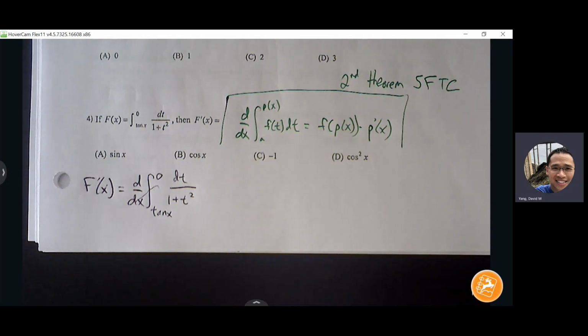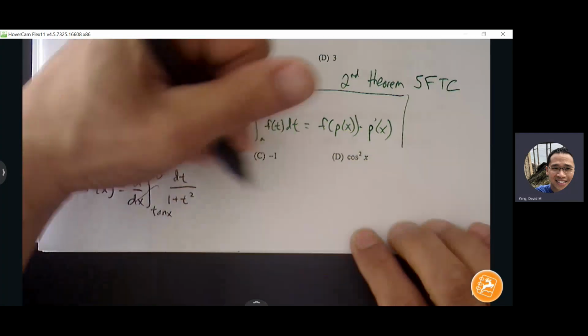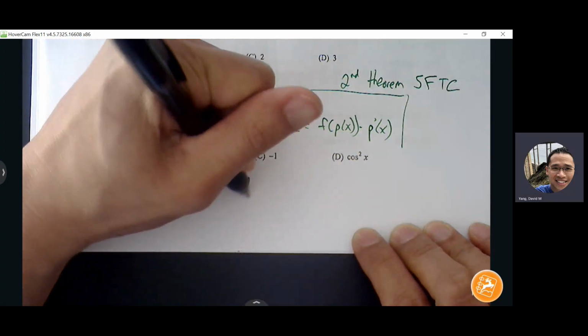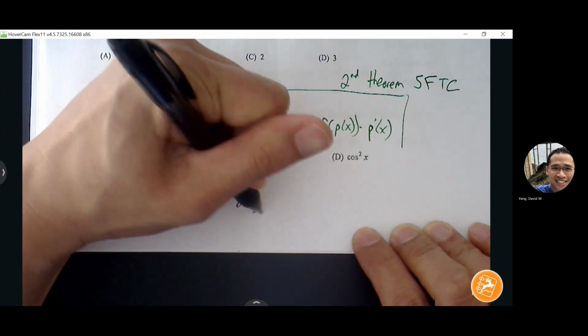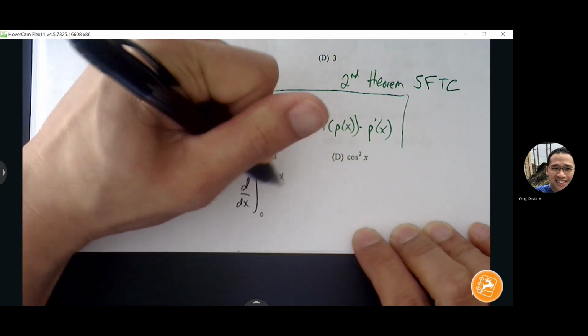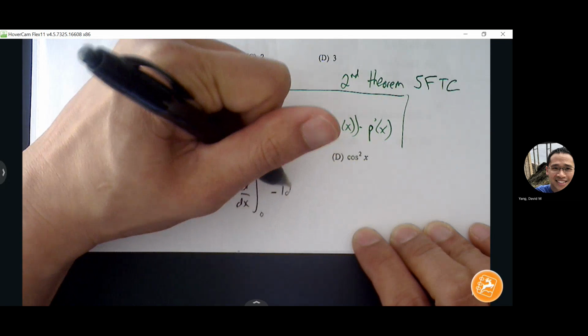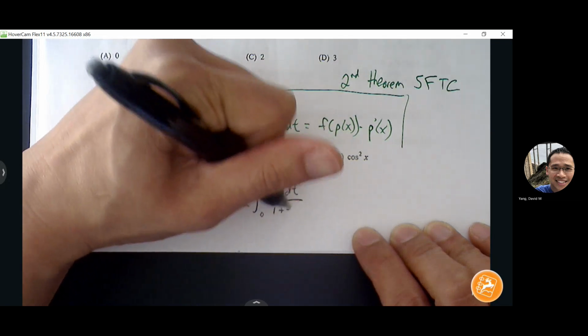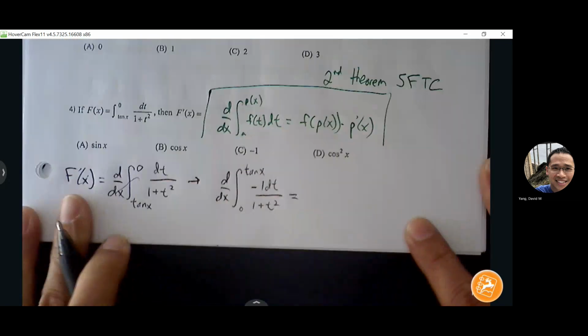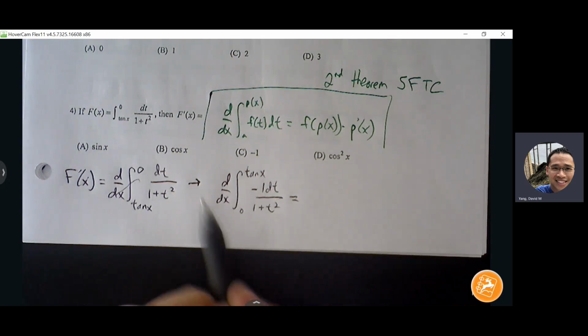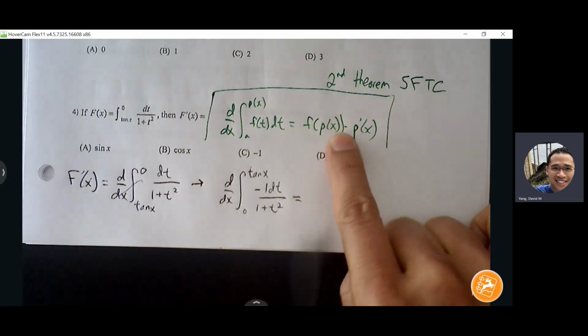Anytime I flip the bounds, what needs to occur? Change the sign, right? Okay, so I can do that. So with the second theorem, we can skip all the process and just basically jump to the end.